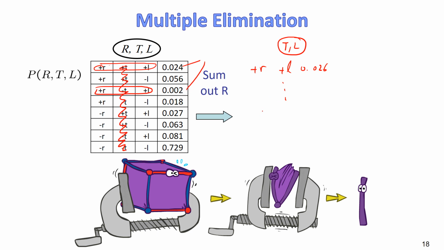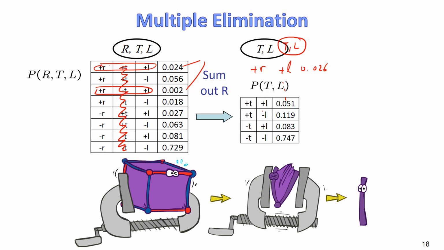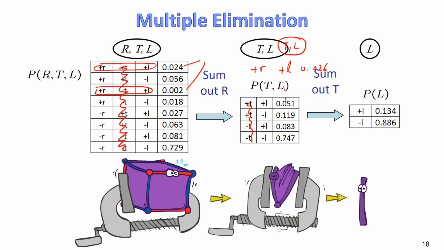So this 8 row table will become a 4 row table, shrinking by elimination. Now, if I want to eliminate T also, again we will cross over T, sum over the same values for the rows, and we'll get now only 2 rows, which indicate P of L. So from R, T and L, we got T and L, and then we got L only.